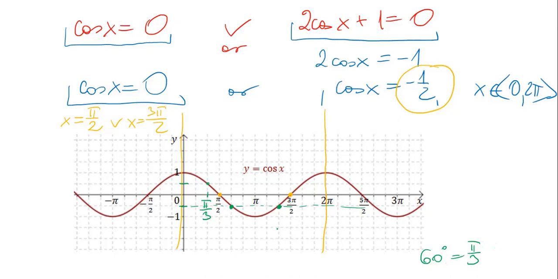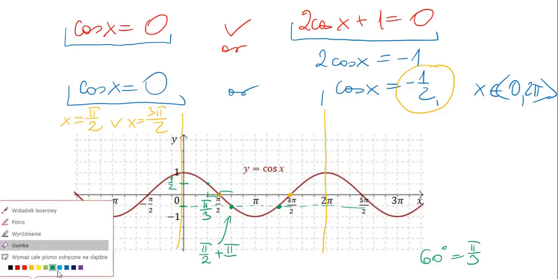Okay? And cosine of 60 degrees is exactly 1/2. So if we go below 0, as you can see, it's the same length. So this point will be pi over 2 plus pi over 3. Oh no, sorry, not pi over 3, that would be a mistake.